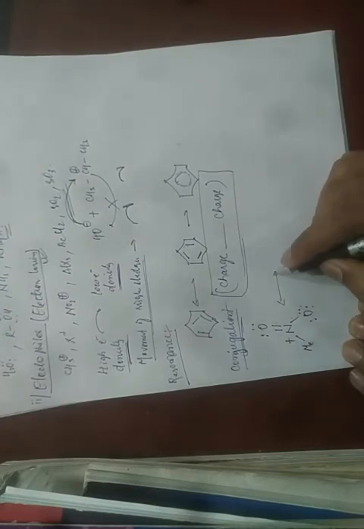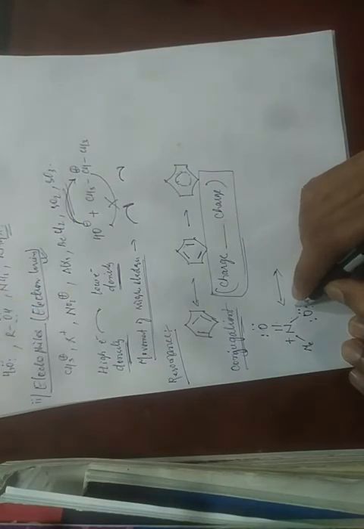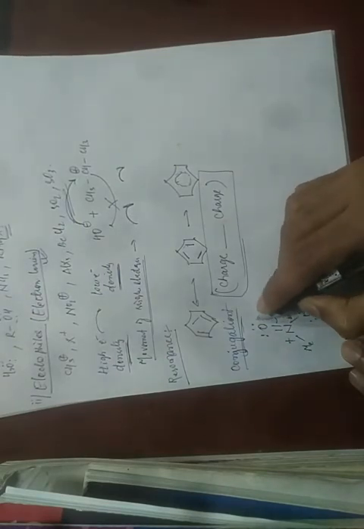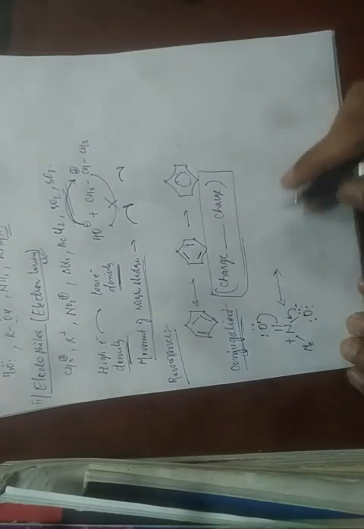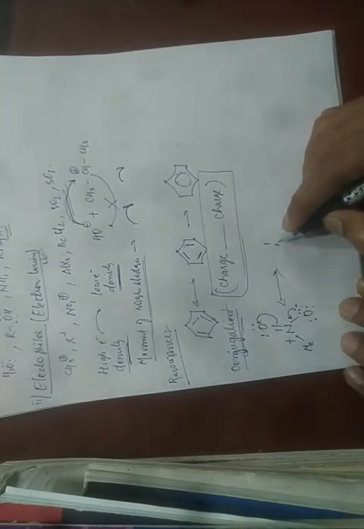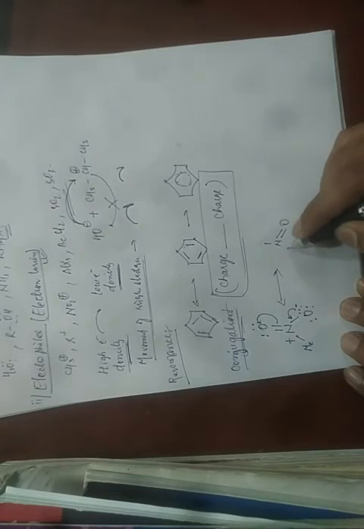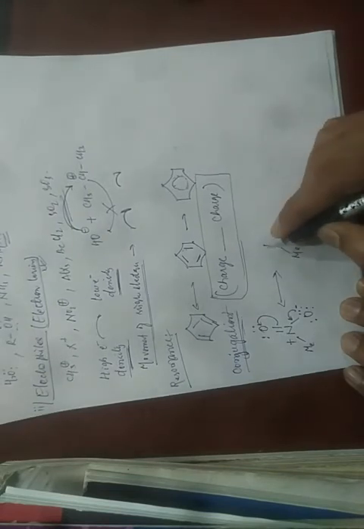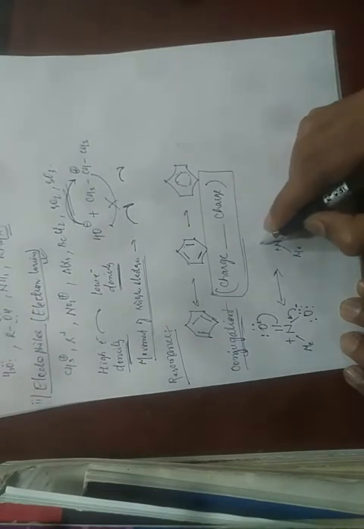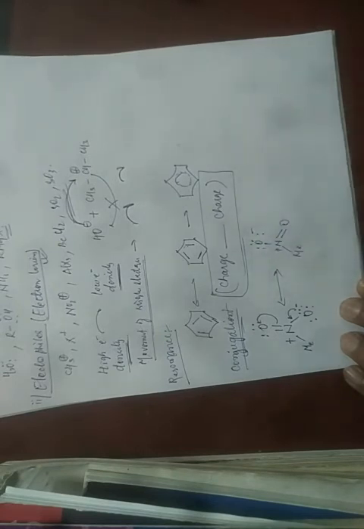So what will be the next resonating structure? The negative charge will move to this side and this one will move to this side. So the next structure will be like this: oxygen, nitrogen, this will become a double bond here, one methyl group is here, this one is plus and this one is O with 1 2 3 4 5 6, and this will become negative here.